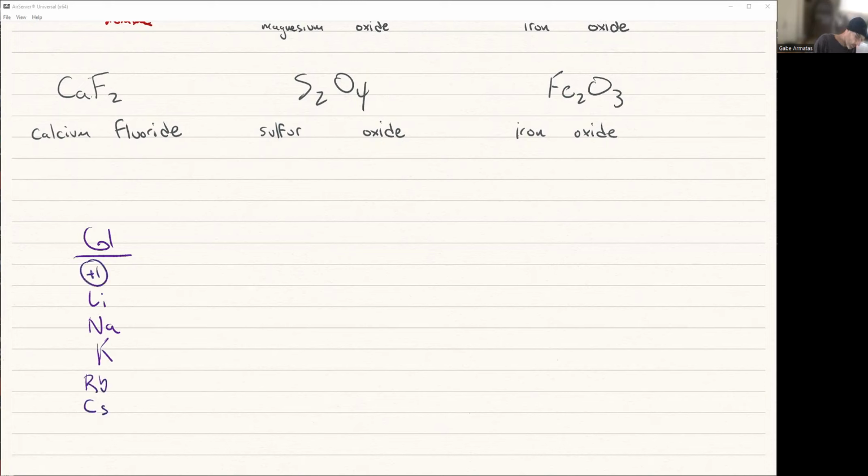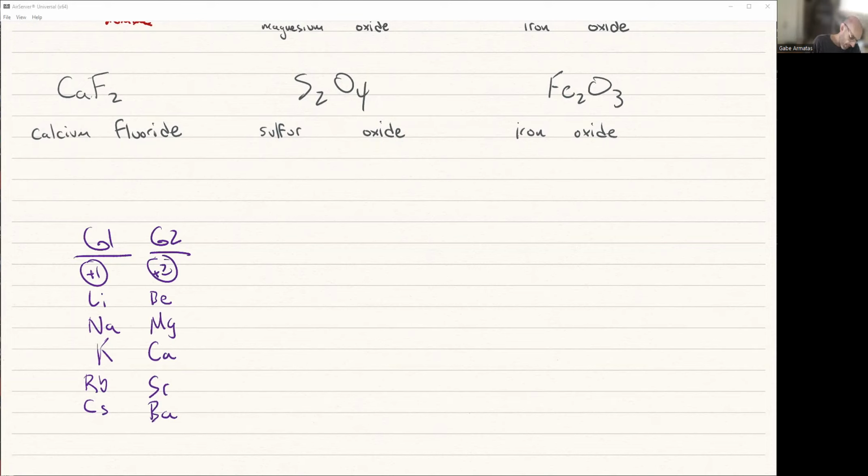We know that those are all +1. I know that group 2 has a fixed charge: beryllium, magnesium, calcium, strontium, and barium. I know that all of those are always going to have a +2 charge. So if I have any of those, I'm done. I don't need to tell my reader anything.